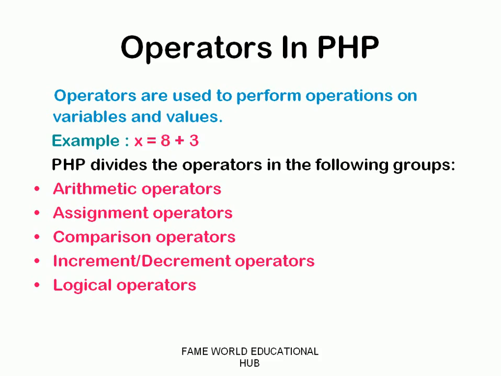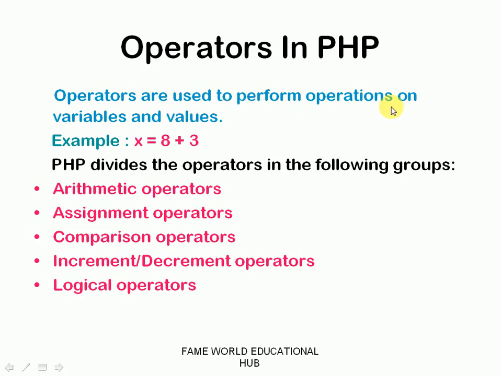And then what is the meaning of x, 8 and 3 here? In this equation or in any other equation, the values or the variables on which the operations are getting performed are known as operands. So here x, 8 and 3 are operands and the equal to and plus symbols are the operators.